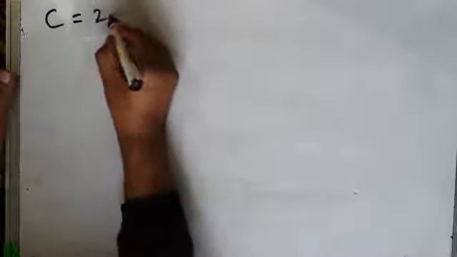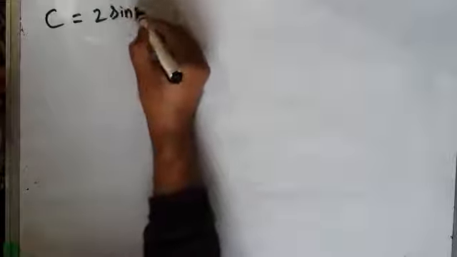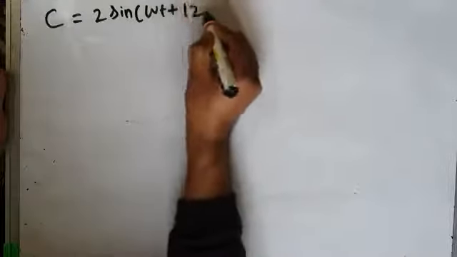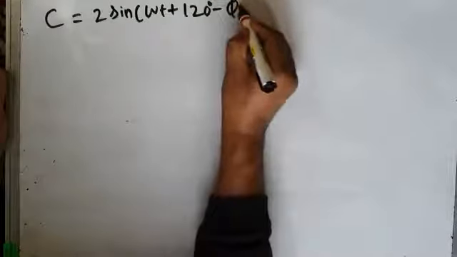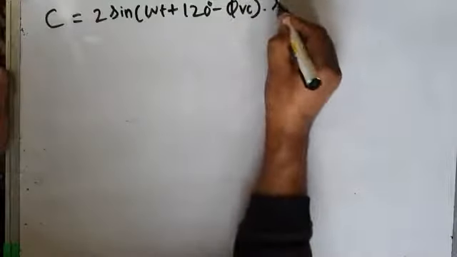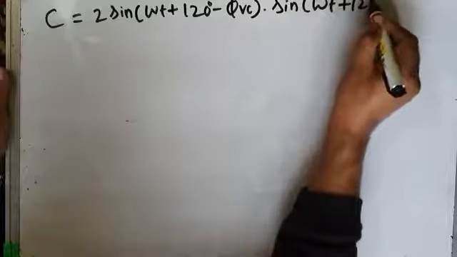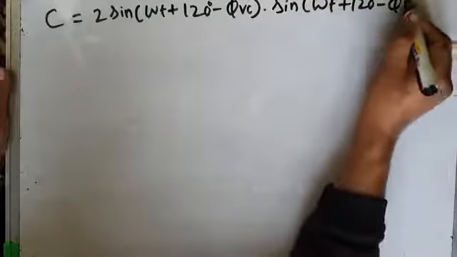Okay, now what is our c? C is equal to 2 sine of omega t plus 120 degrees minus phi vc into sine of omega t plus 120 degrees minus phi ic, from equation 1 you can get c.